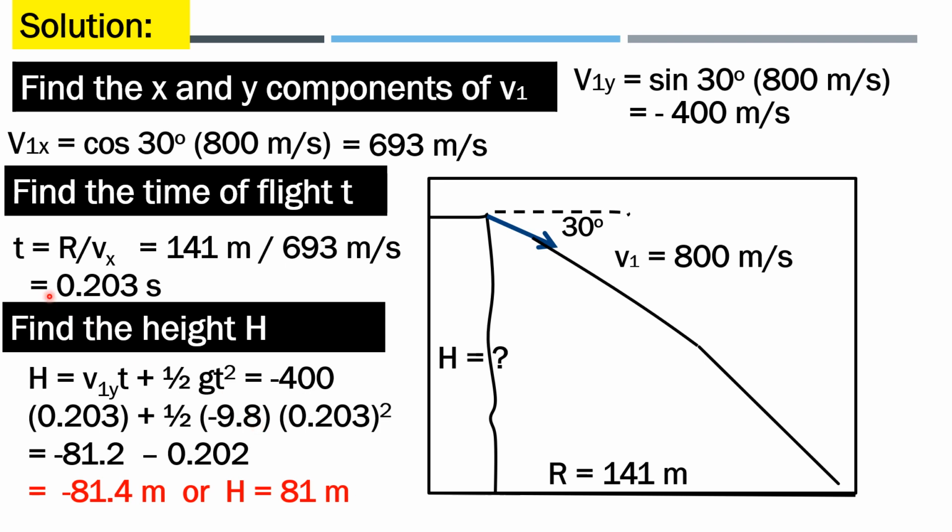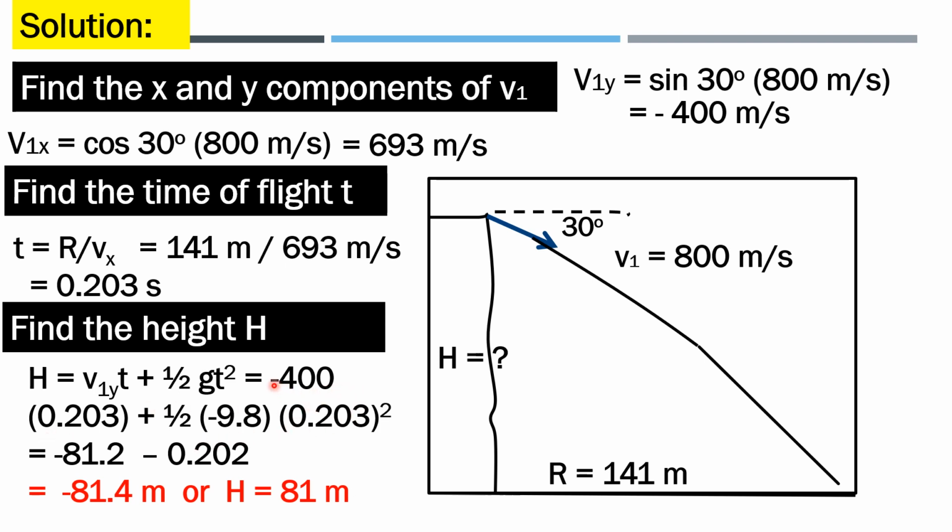We already know the time t, so upon substitution, the b1y or the downward vertical component of the velocity has been determined earlier. That is negative 400 meters per second. All right. So I will not include the unit here anymore for lack of space.